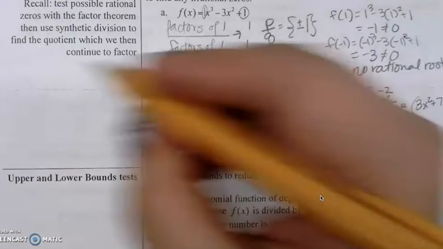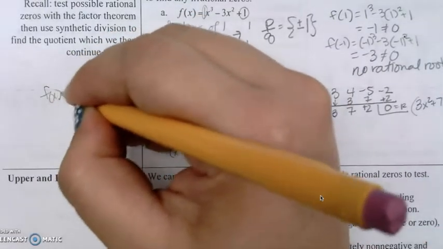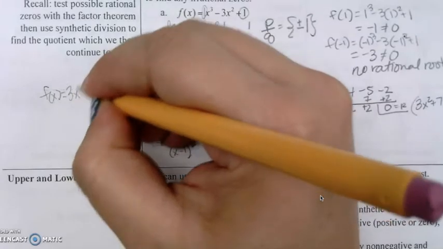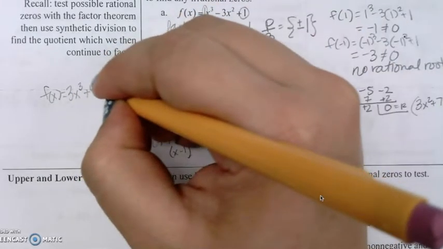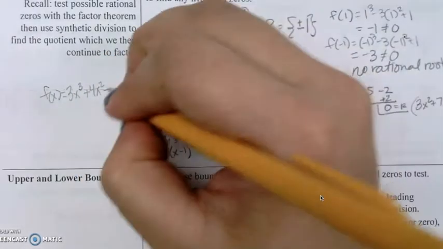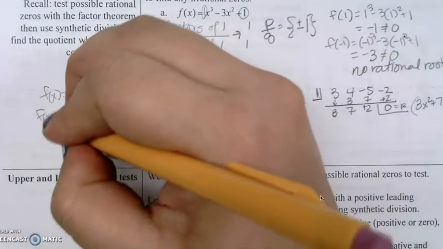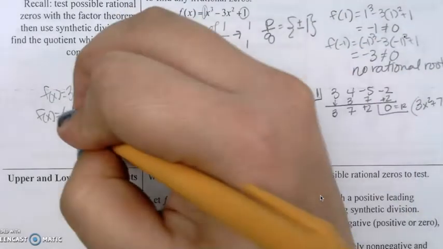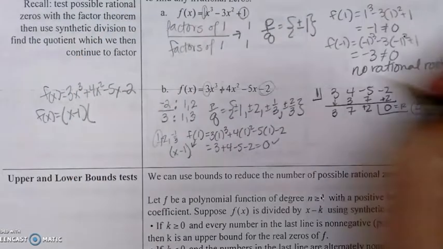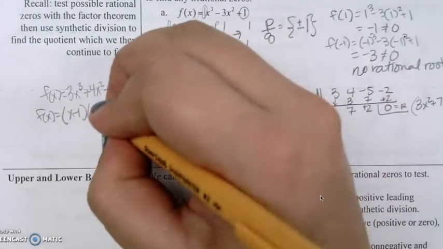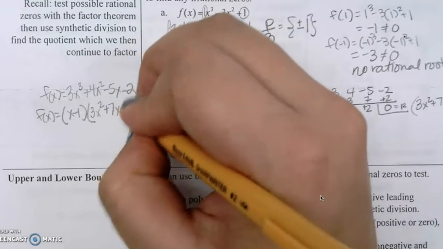So I have f of x equals 3x cubed plus 4x squared minus 5x minus 2. And now I can write it as x minus 1 times 3x squared plus 7x plus 2.